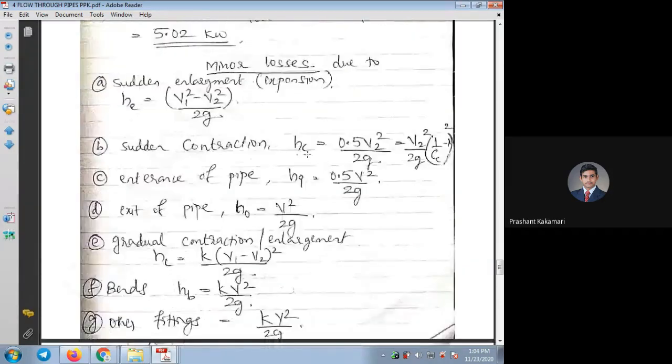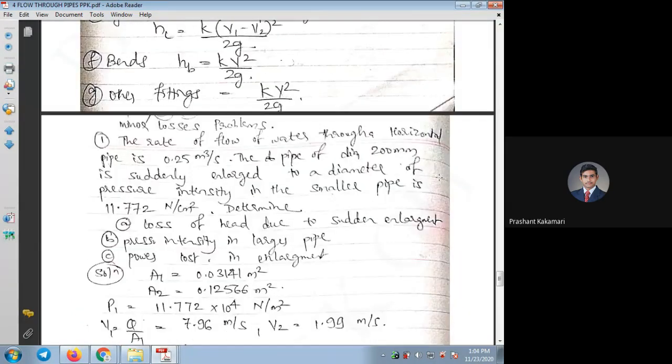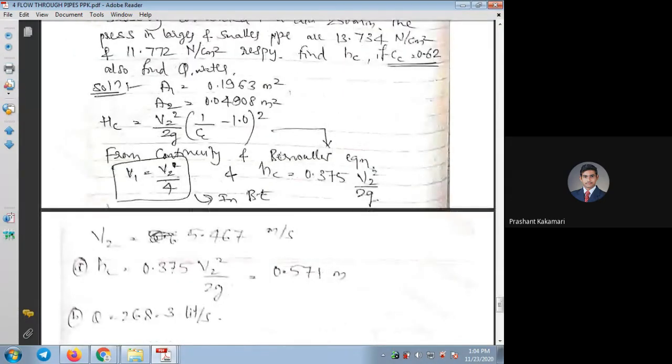If it is gradual contraction, the CC value will not come into the picture. But if it is sudden contraction, then this coefficient of contraction will come into the picture. So we are going to use that equation, V2 square by 2g, or you can just write V square depending upon the contraction pipe or small pipe, V square by 2g into bracket 1 by CC minus 1 whole square.